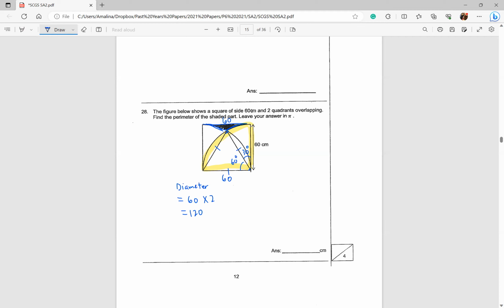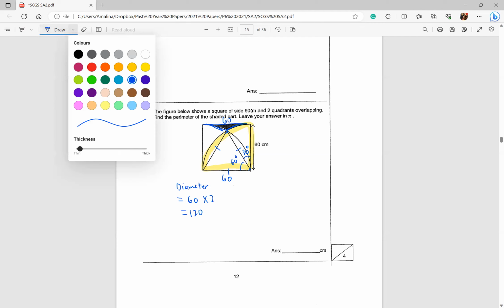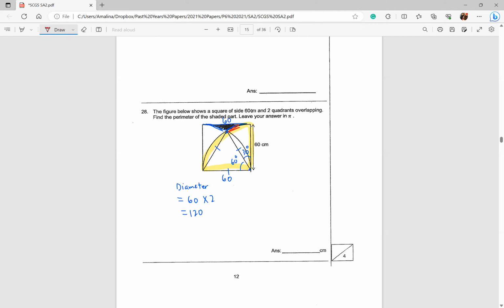Okay, so for me to find the arc, this circumference, I will make use of the fraction first. So in other words, this arc here, the one I highlighted in red, over the whole thing is as good as your 30 over your 60. Okay, sorry, so it's not 30 over 60.